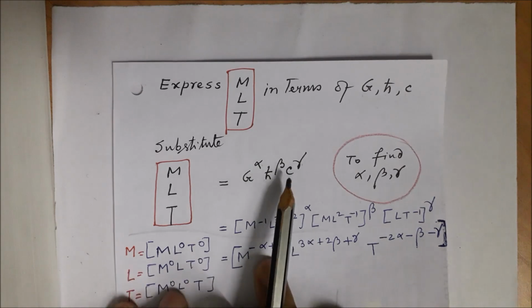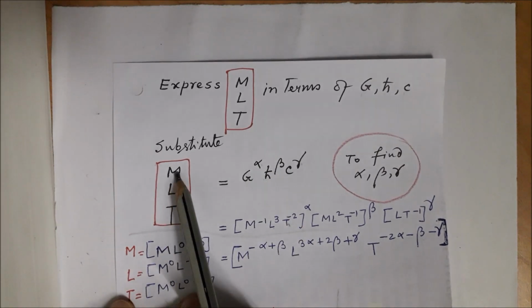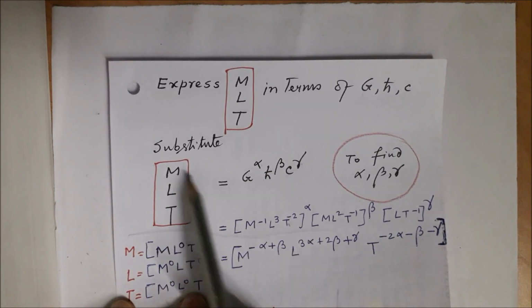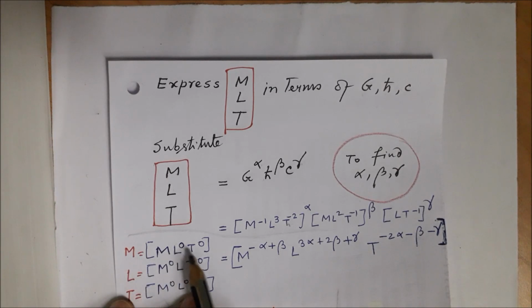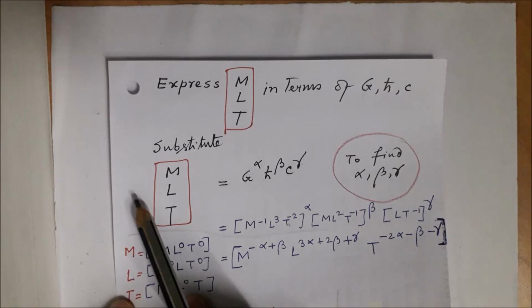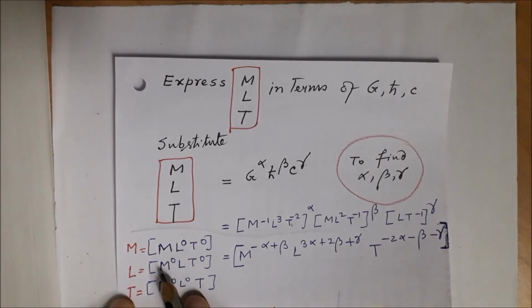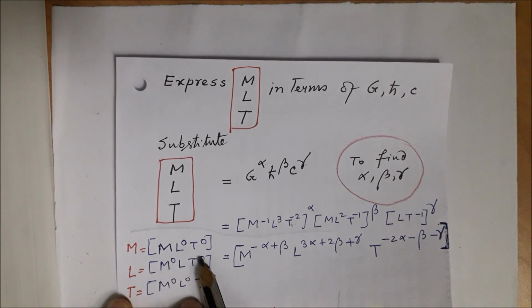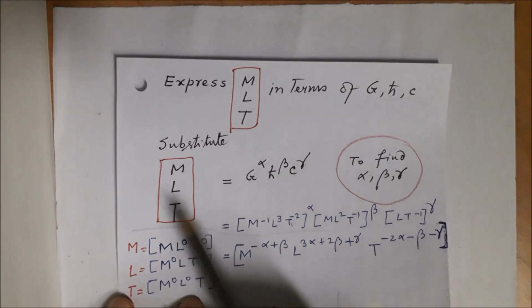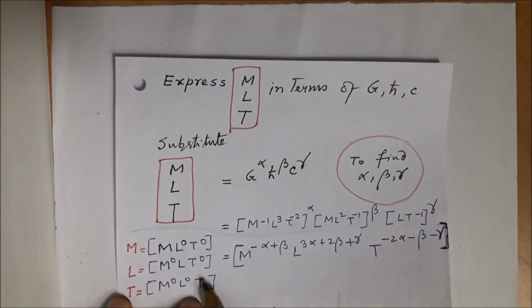And on the left side, in the first equation, instead of M we'll put M to the power 1, L to the power 0, T to the power 0. When we are considering the second equation, we'll put L to the power 1, but the other two raised to the power 0. While when we are considering the third equation, we'll be putting T to the power 1, but M to the power 0, L to the power 0.